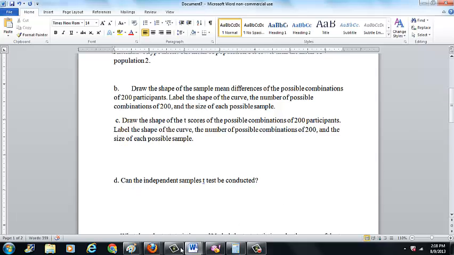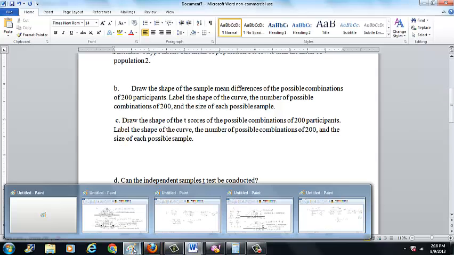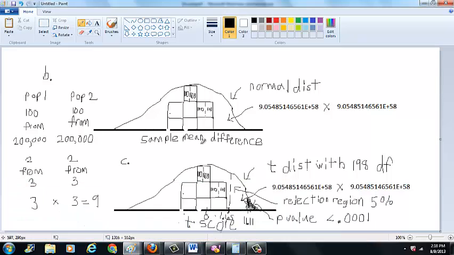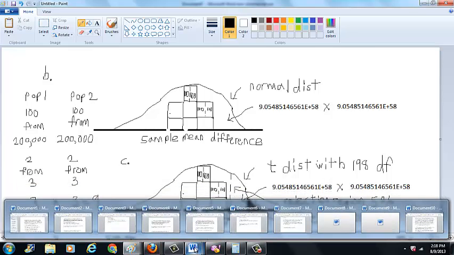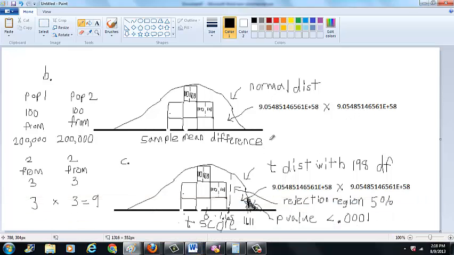It's the same question where we drew these boxes with 100 on each side, and we wrote this as our number of combinations, and we labeled the shapes, so B and C are the same as before. This is how you do it with an independent samples t-test.